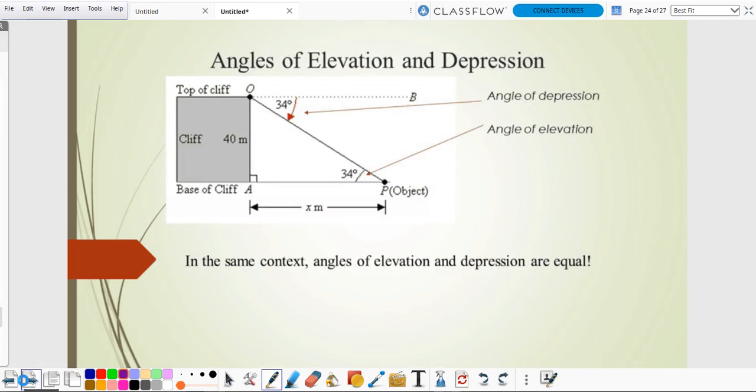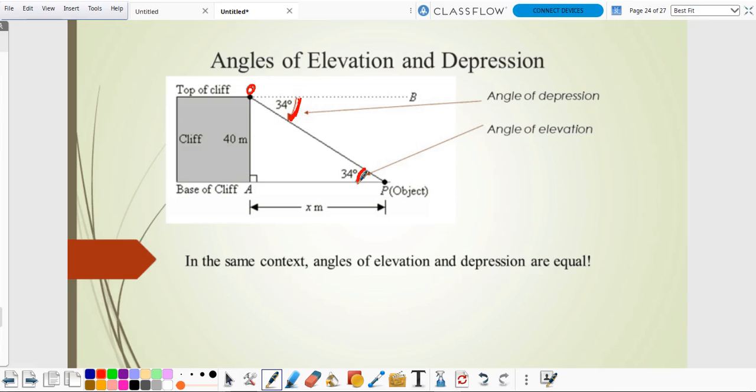As I said, for example, you're at the top of the cliff right there, looking down. So there's your reference point, the horizontal. You look there and then you look down, so that makes an angle of 34 degrees. What you'll notice is that this angle is the same as this angle here.